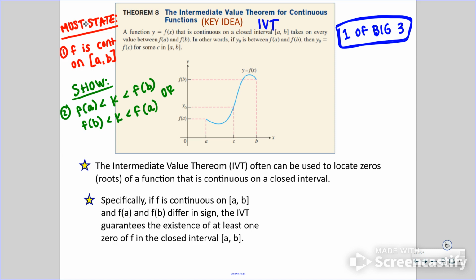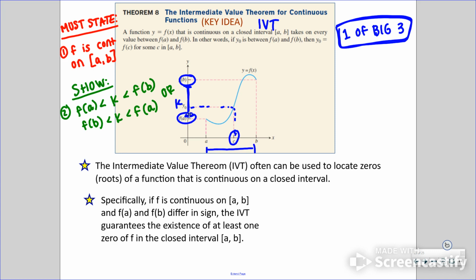Then what we do is we take that interval and we find the outputs, so like f of a and f of b, and then we can conclude that there's going to be some value, k is what they use in the theorem, some value k that's in between those. That output could be traced back to an input that's going to be in that interval. That's what this theorem says.